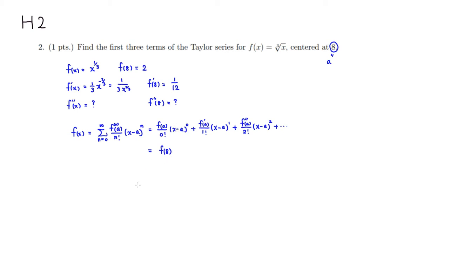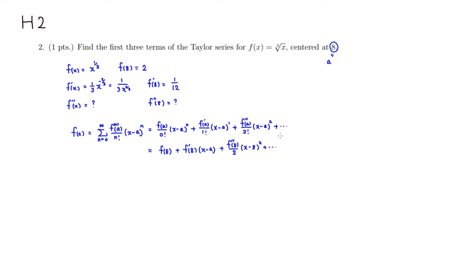So you're just going to get f of 8 plus f prime of 8 times x minus a. 1 factorial is 1. And the next term would be f double prime of 8 over 2 factorial, which is just 2 times 1, times x minus 8 squared, and so on.